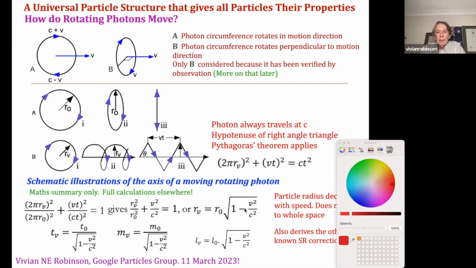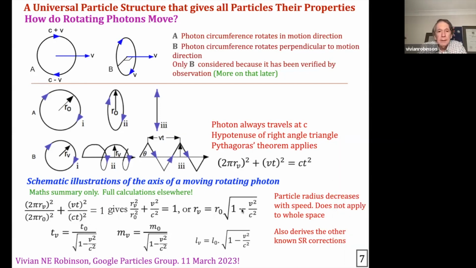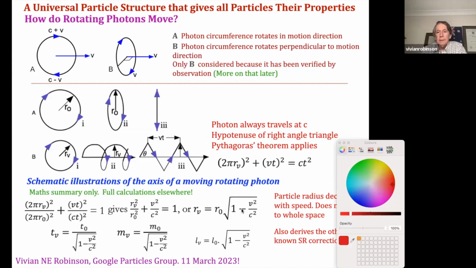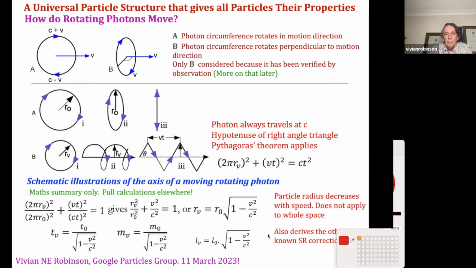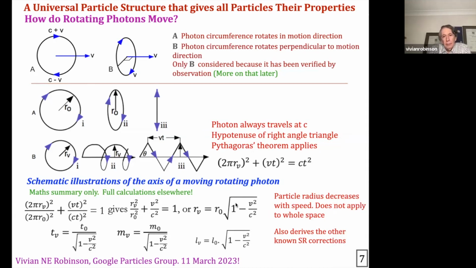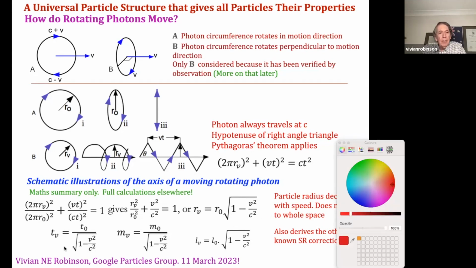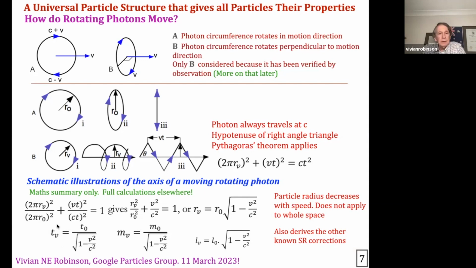A particle's radius does decrease with its speed, and it'll be shown later this has some very interesting consequences for particles. But it's only the radius that decreases, it's not the rest of space. The same calculations just give you the standard time, mass, and length corrections with increasing speed.